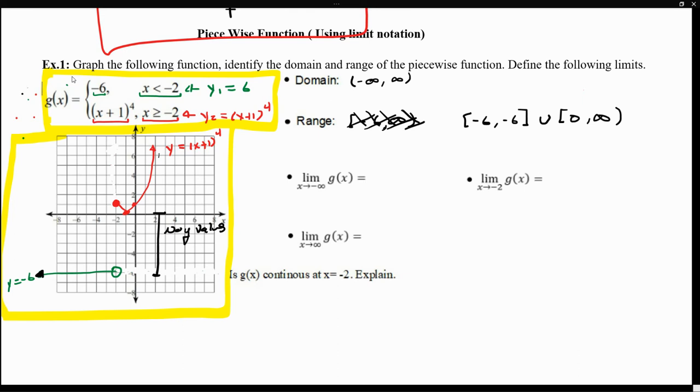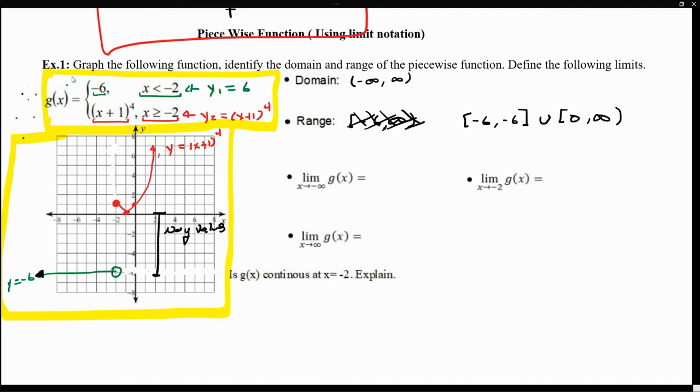So let's take a look at both directions. If I'm approaching from the right, notice that I'm going to be just following this curve here. Once I get to -2, I'm going to drop. As I keep getting closer and closer to negative infinity, or as I'm moving on to the left-hand side, notice that I'm still going to be on this function y equals -6.